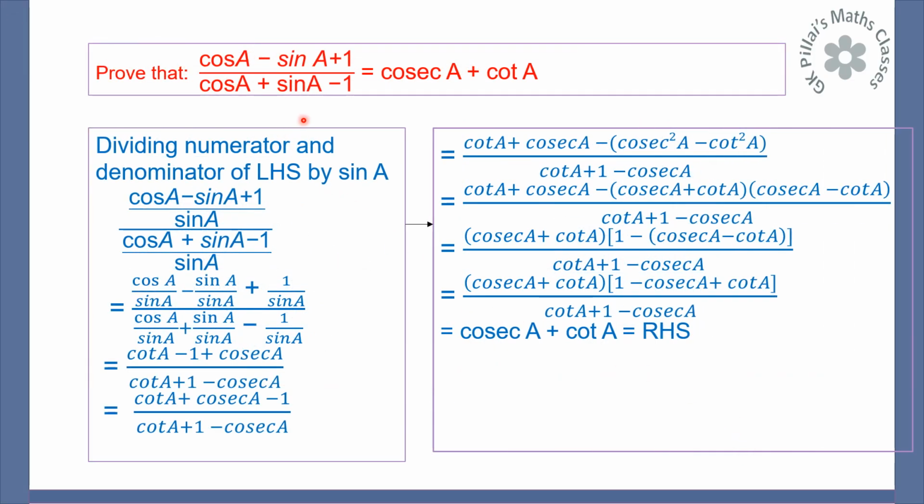This is a textbook question. You will find in the textbook at two places, one as an example and one in the exercise. Students find it very difficult to do this sum because of some complications here.